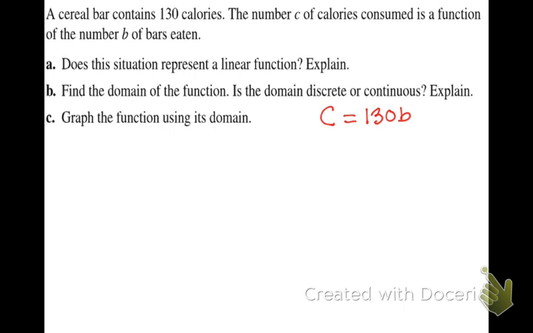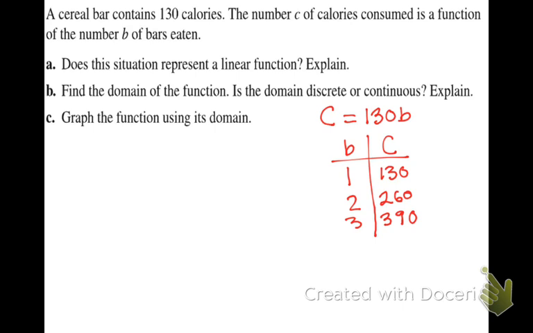So, is this a linear function? Yes. Let's make a quick table. So, bars to calories. So, Sam, for 1 bar, what's the calories? Good. For 2 bars, Sam? Good. 3 bars. 390. Okay?